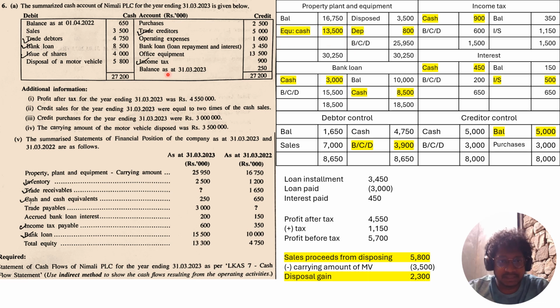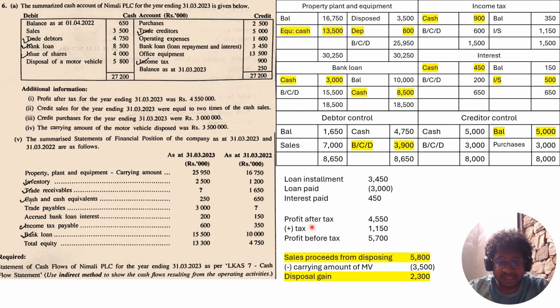For the income tax, in the cash account it says income tax paid 900, and the income tax opening and closing balances are given. So then you can find the income tax relevant for the year. Why do we need that? You need to find the profit before tax.